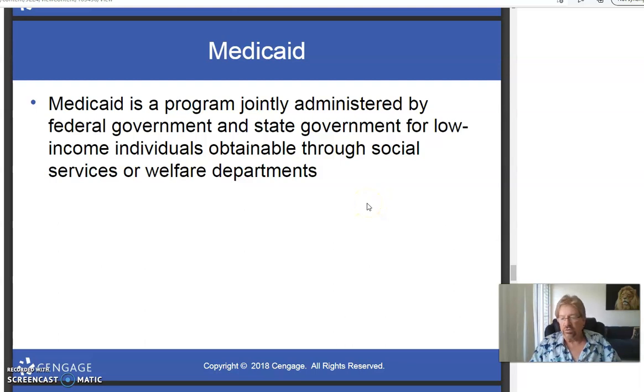Hawaii has a real good one. The Democratically leaning states like Hawaii typically have good stuff. The Republican ones typically suck. Why? Well, we don't want to get into it. But there's a number of Republican governors of different states who have refused additional Medicaid money.